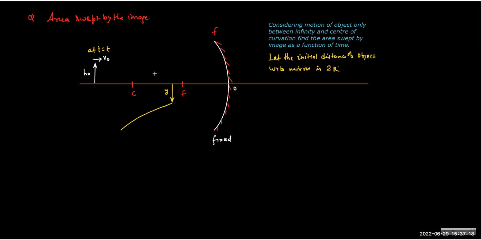Can you guess? It will be 2R minus v naught t, correct? Because you started from 2R and after some time t you have traveled this much. So magnification will be how much?